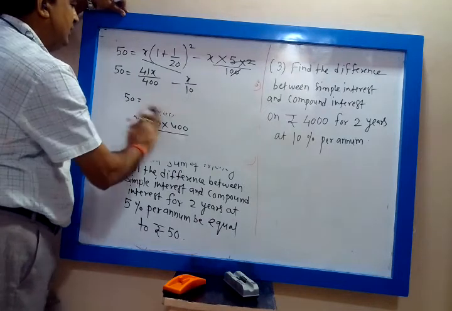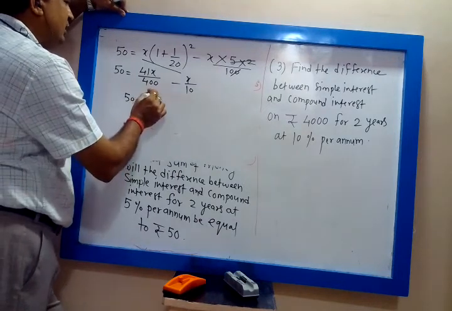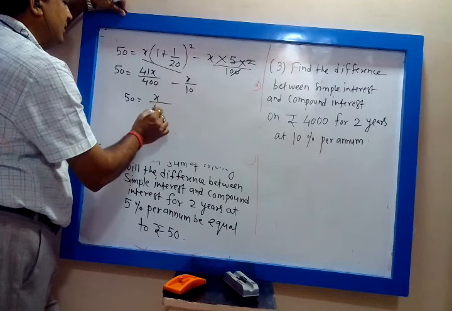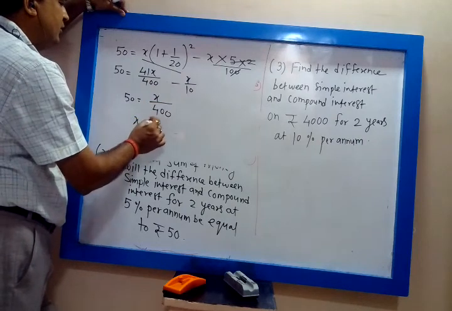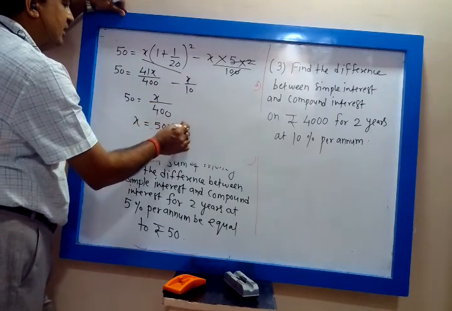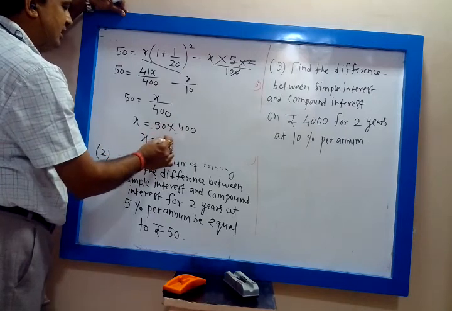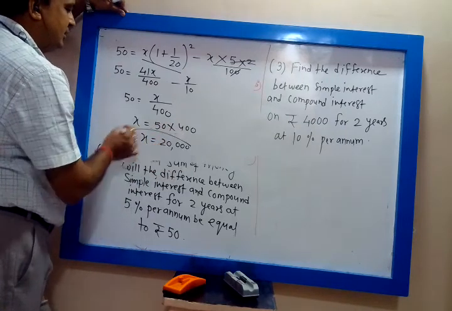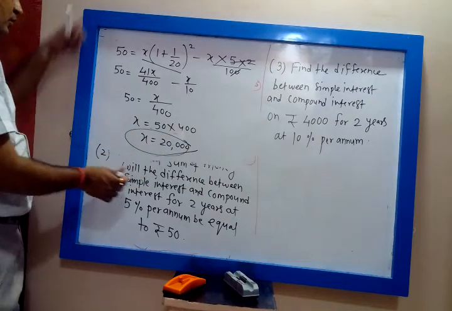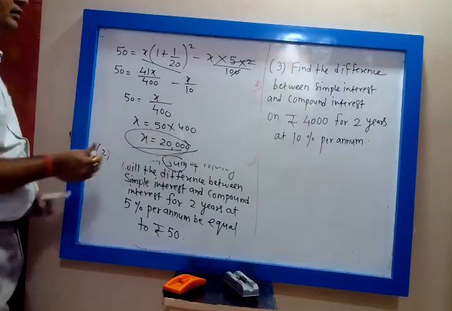Let me recompute: CI is x into 441 upon 400 minus x, so 41x upon 400. For SI, x into 5 into 2 upon 100 is x upon 10, that is 40x upon 400. The difference is 41x minus 40x, that is x upon 400. So x will be 50 into 400, so x will be 20,000. Yes, absolutely correct. So the sum of money is 20,000.